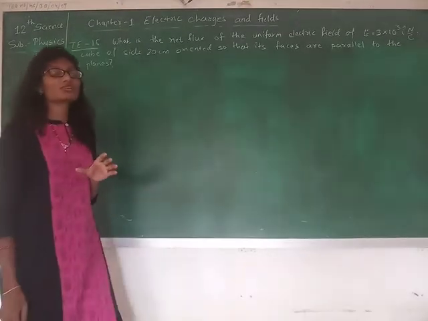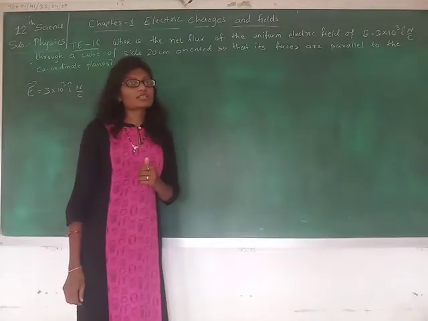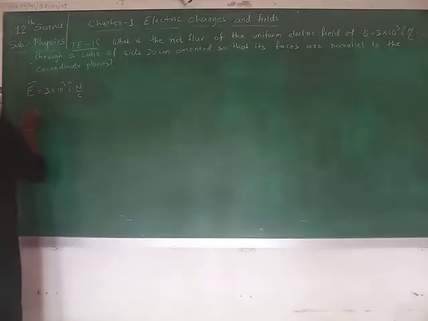That means here we need to find the net flux through the cube and the side of the cube is 20 centimeter. So another data that is given is length of the sides of the cube which is 20 centimeter.